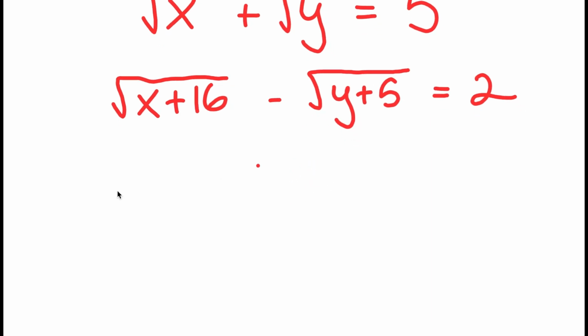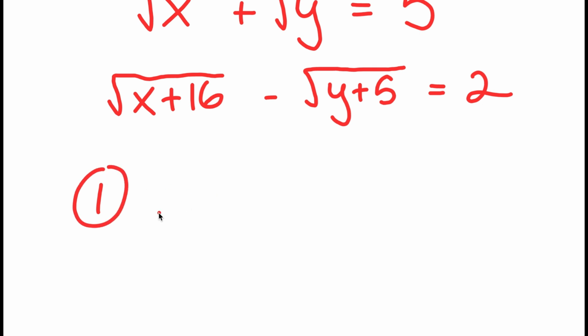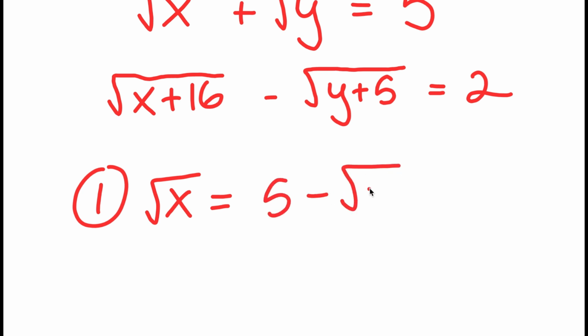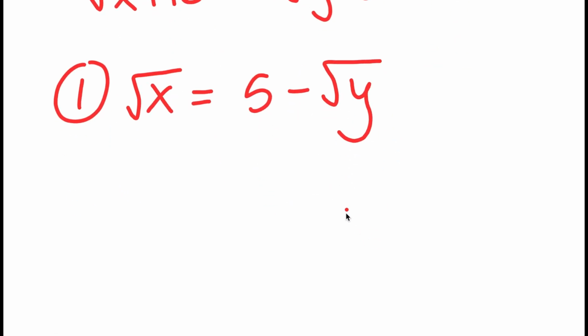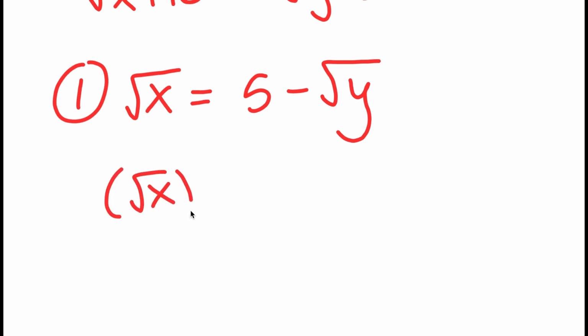Now, for my first equation, I'm actually going to rewrite it as the square root of x is equal to 5 minus the square root of y. So I just rewrote it in terms of the square root of x. Now I'm going to square both sides.